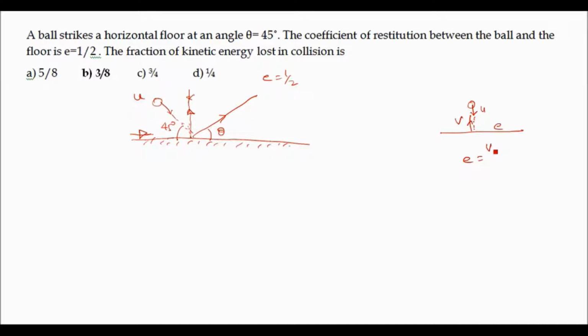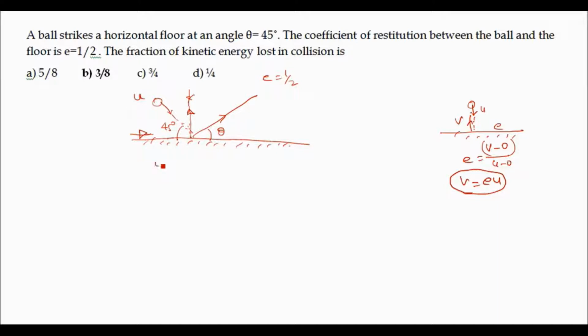So e is equal to v minus 0 divided by u minus 0, as the floor is at rest. So from there we get v is equal to eu. So basically the normal component of velocity changes in case of collision. The tangential component remains the same.